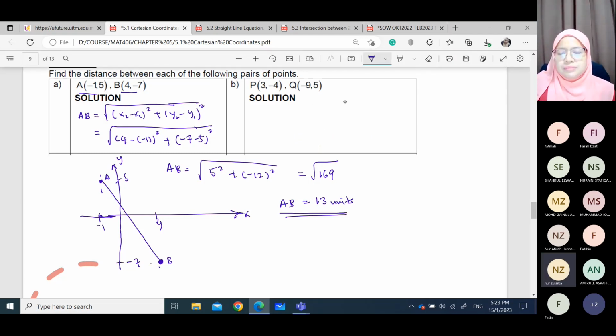Itu 169 ke 149 pun? 169. 5 squared is 25. -12 squared is 144. So 25 plus 144 we have 169.